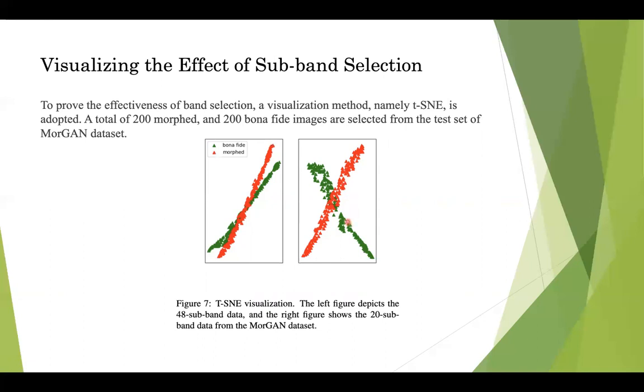As you can see, in the right figure, the data points have become more separable compared to the left figure, which proves that our subband selection improves the performance of our deep morph detector.